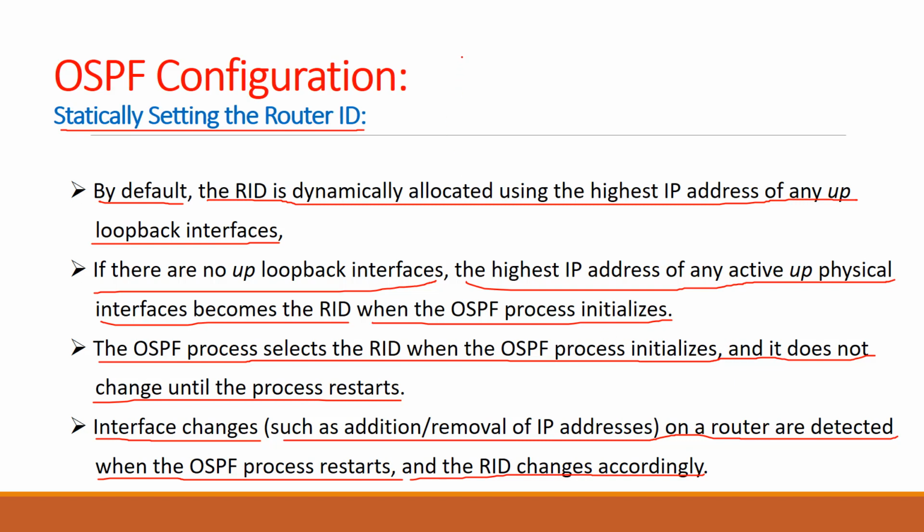So to choose the router ID, first, use the statically configured router ID. If no static router ID is configured, then step 2, choose the highest IP of any up loopback interface.